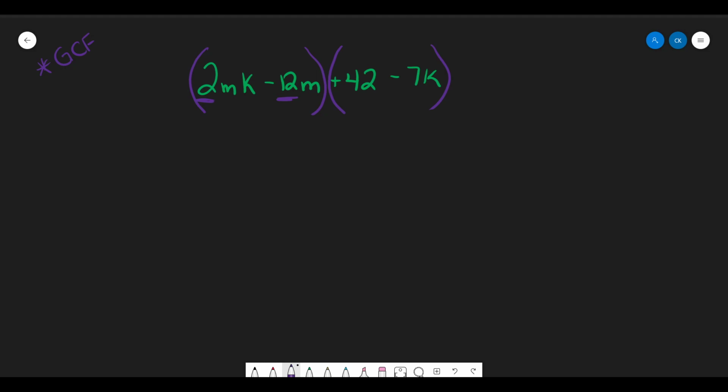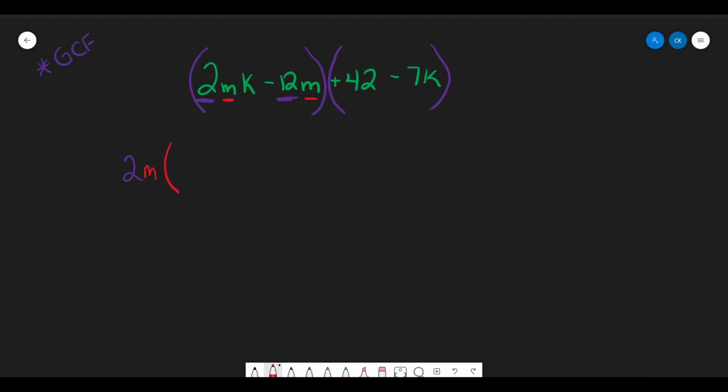Well, the GCF between 2 and 12 is 2. Then I look at the variables. I've got an m here, I've got an m here. I see that both terms have an m, both to the first power, so I pull an m out. I see a k in the first term, but no k in the second term, so I can't pull that out as a GCF, so my GCF is just 2m.